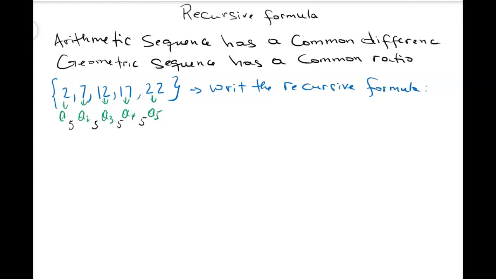So the common difference for this sequence is 5. And this is an arithmetic sequence because there is a common difference.